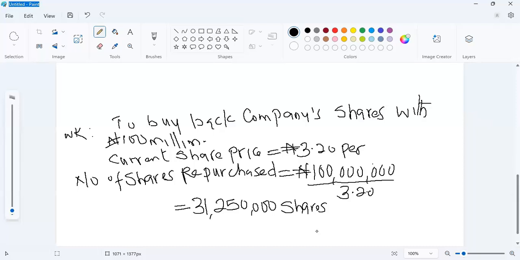The same way, if you are buying back shares at a premium, because the nominal value per share is 40 kobo, and we are buying back these shares at 3 naira 20 kobo, that means we are buying back these shares at a premium. We are going to separate the nominal value from the premium amount. Nominal value is 40 kobo.